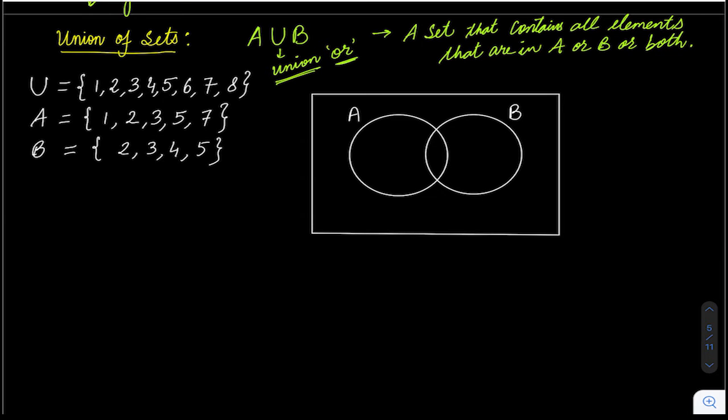So this is what we mean by union. Basically, if I want to find A union B, it means you have to write all the elements that are in A, B or both.